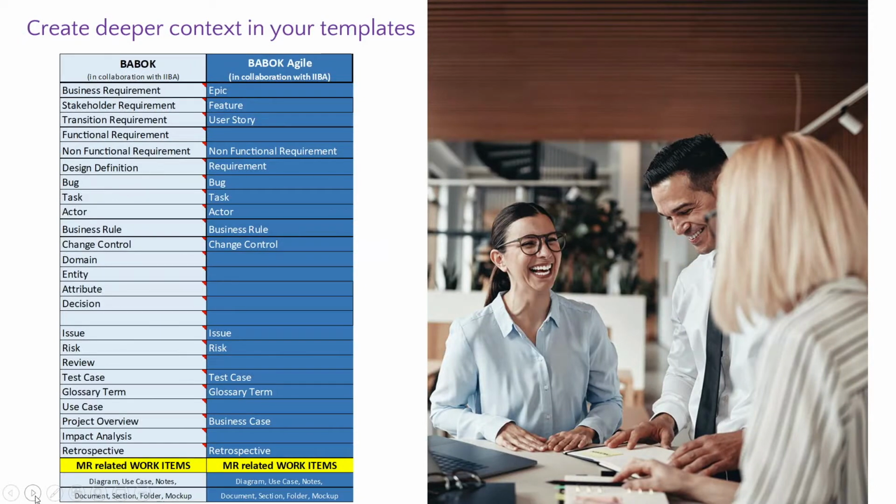We have collaborated with IIBA and developed 2 process templates to support your project work based on the IIBA's BA body of knowledge, and its agile extension, BABOK Agile. These provide you with a rich set of work items, enabling you to provide clarity, relationships, and coverage of your requirements.